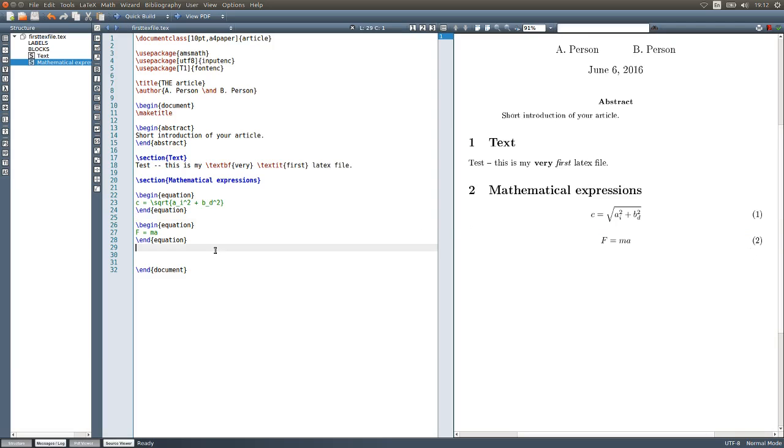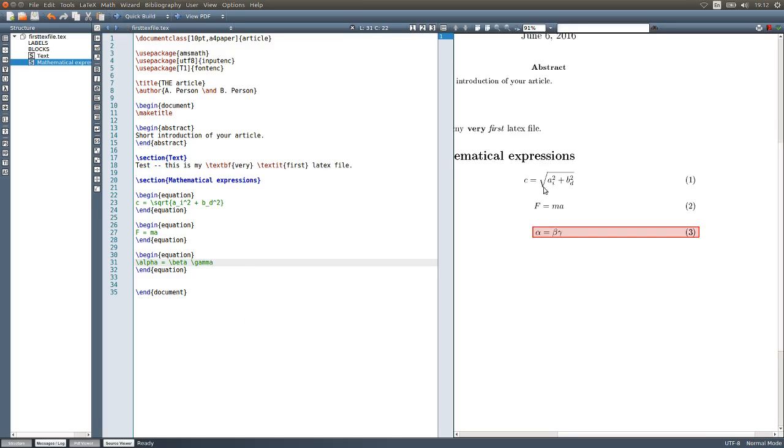That's great. We can start building more complicated expressions, such as using Greek letters. This package enables us to use Greek letters, and for that we use a slash and the name of the Greek letter. So we can say alpha equals beta times gamma, and they come out nicely in the expression.